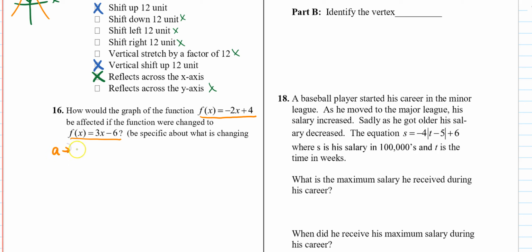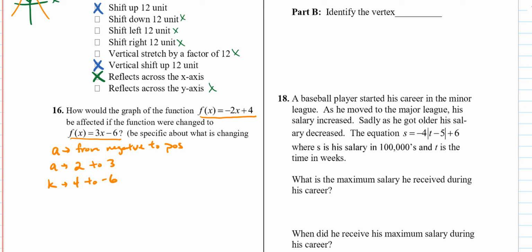A changes from negative to positive. A also changes from 2 to 3, and K changes from 4 to negative 6.